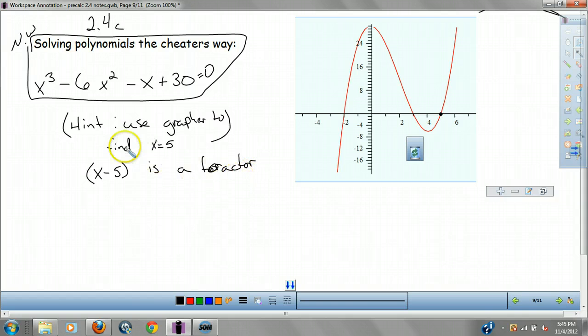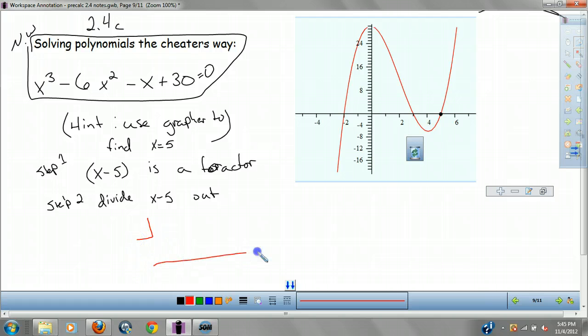Okay? So that's kind of step 1. Step 1 is you find one factor that'll work. Step 2, you're going to divide it out. What I mean by that is I'm going to set up a synthetic division problem.